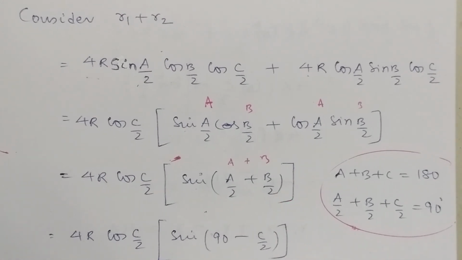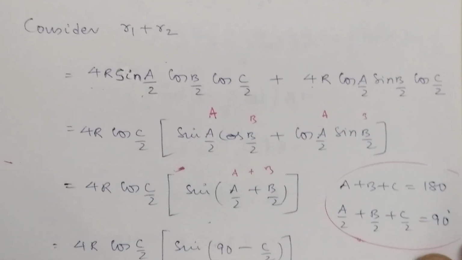Here, A plus B plus C equal to 180. How? The chapter name itself is properties of triangles. In a triangle, the sum of three angles is 180.